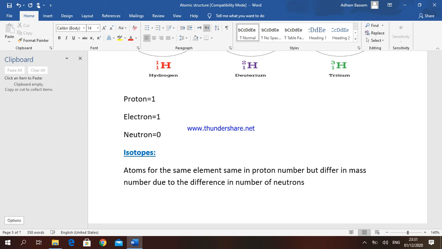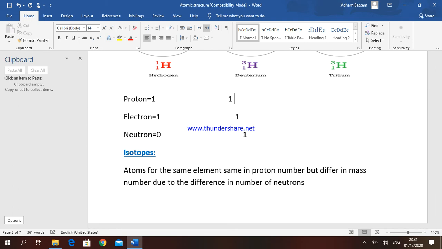In deuterium, the number of protons equals 1, the number of electrons equals 1, while the number of neutrons changes and it has 1 neutron.